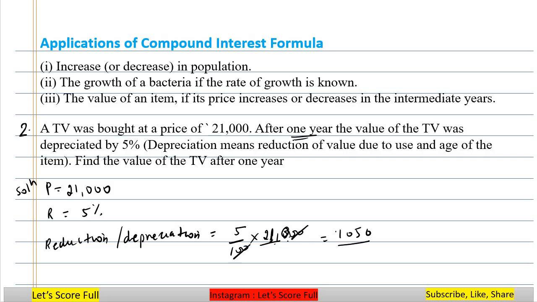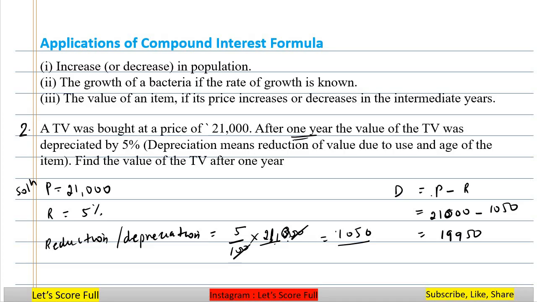What is depreciated value? Depreciated value is original price minus reduction, that is depreciation. So original price is 21,000. I need to subtract 1050. So how much it will be? It will be 19,950. Correct? So this is the depreciated value.